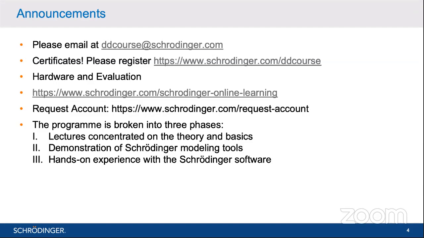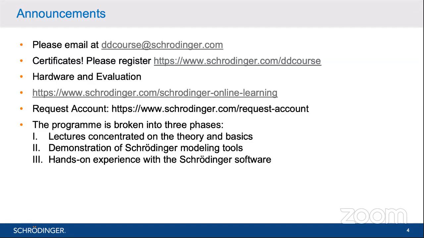It is also followed by a case study, so you will be able to work on a case study at the end of it. Also, after the completion of this course, you'll receive a certificate by Schrodinger and a badge, and you'll also be a part of the alumni page on our LinkedIn. So those are some of the advantages of SOC.